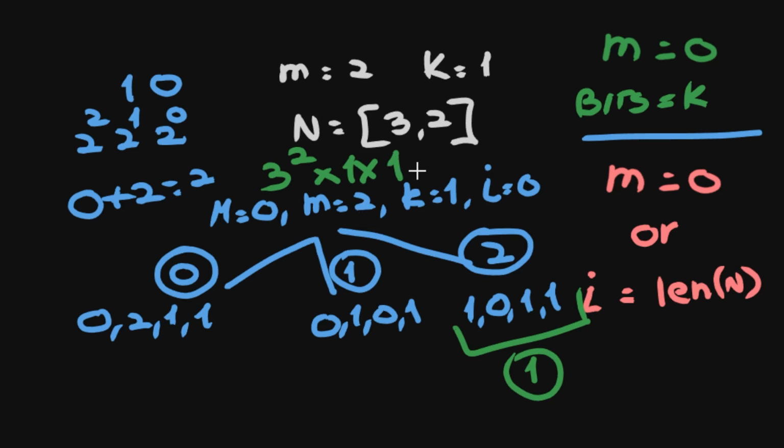This is 1. The result for this is 3 times 3, meaning 9. So we add 9 to the result.